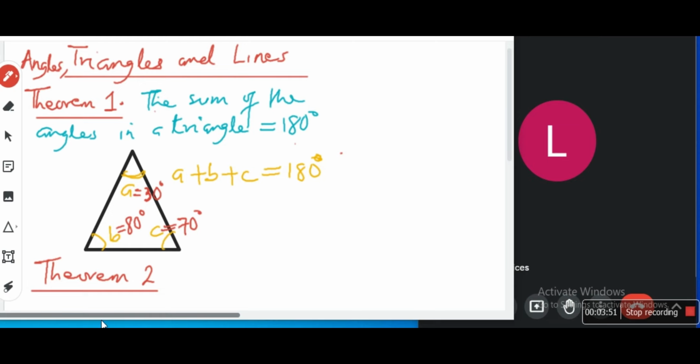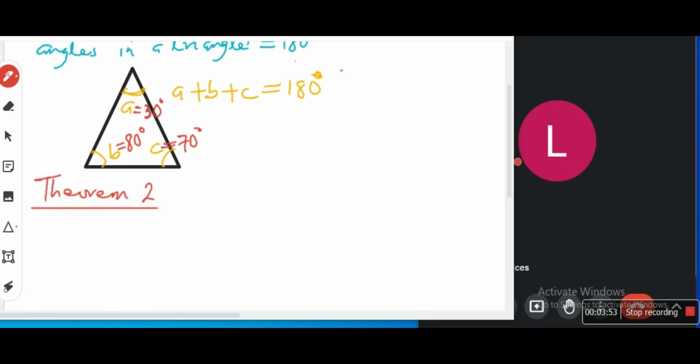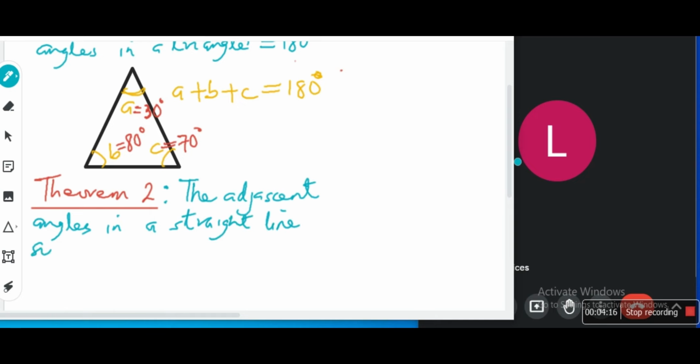So theorem 2: the adjacent angles on a line, in a straight line, sum up to 180 degrees.